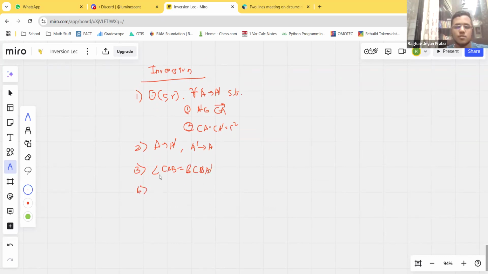Then we look at what happens to circles and lines. So a line through C is preserved.